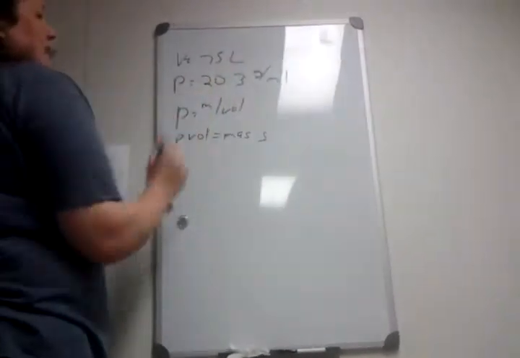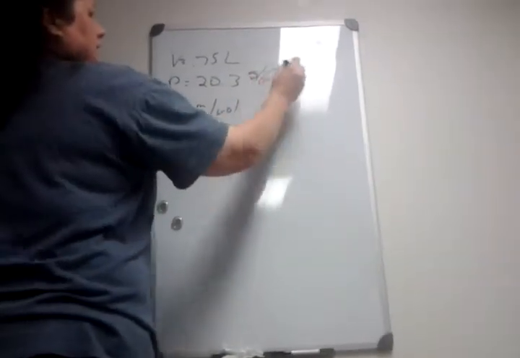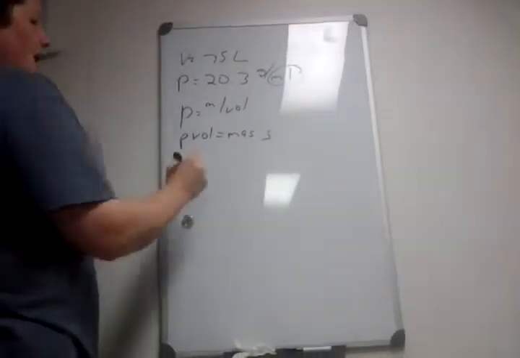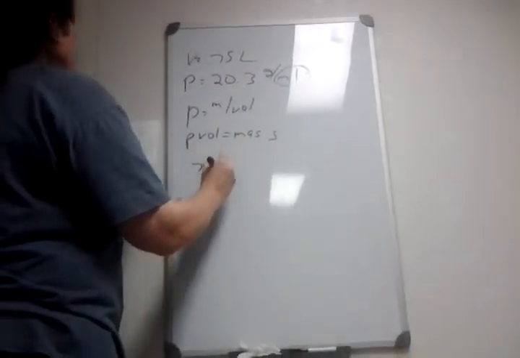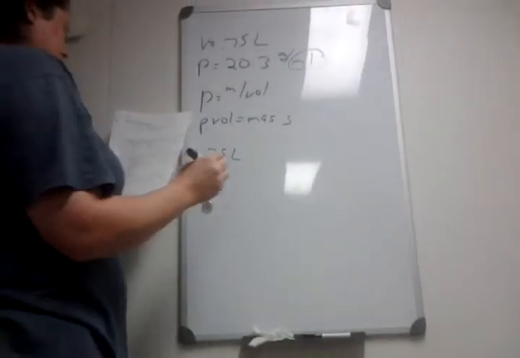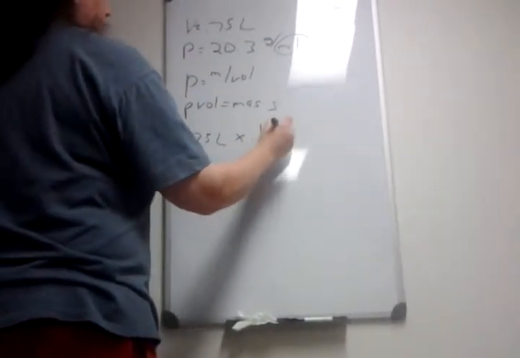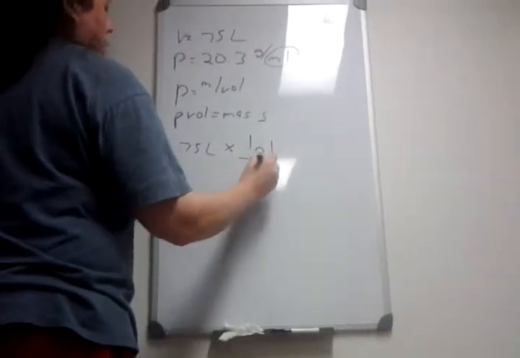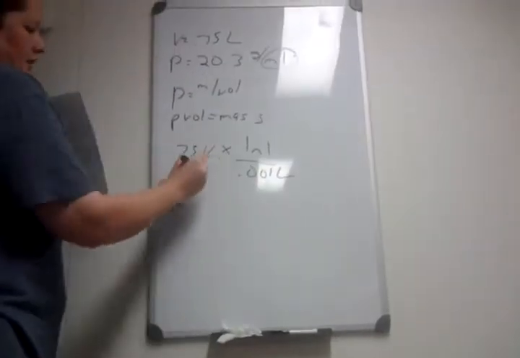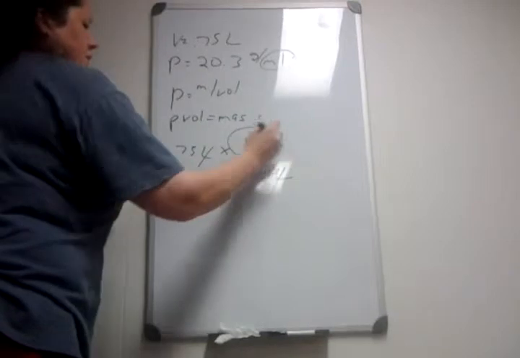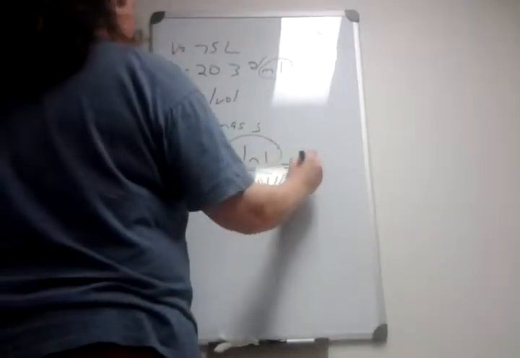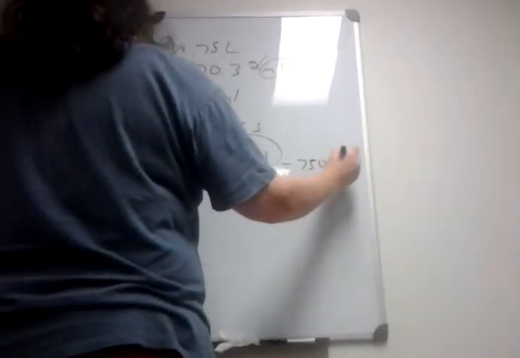The volume is in liters here, though. We have density in milliliters, so we have to get the 0.75 liters into milliliters. So we know that in 1 milliliter, there is 0.001 liters. Liters cancel out. We're left with milliliters. And we have 750 milliliters.